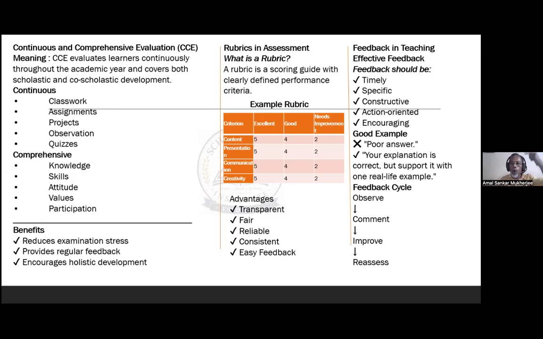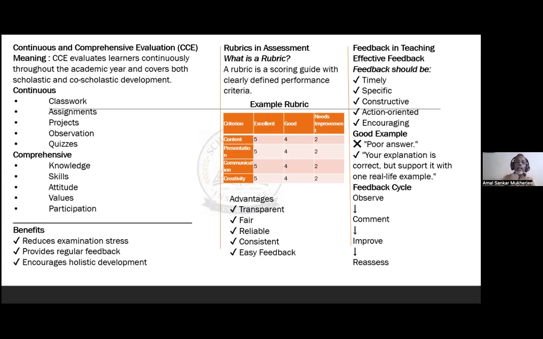So the whole process of assessment and evaluation, in school or college level, is the CCE, or continuous and comprehensive evaluation. What does it mean? CCE evaluates learners continuously throughout the academic year and covers both scholastic and co-scholastic development.